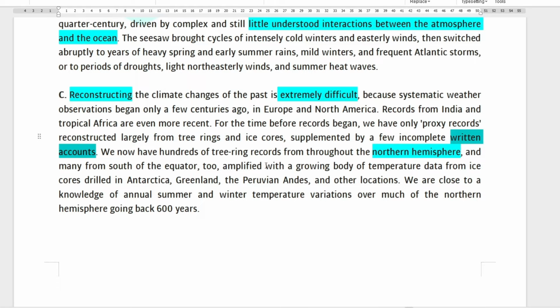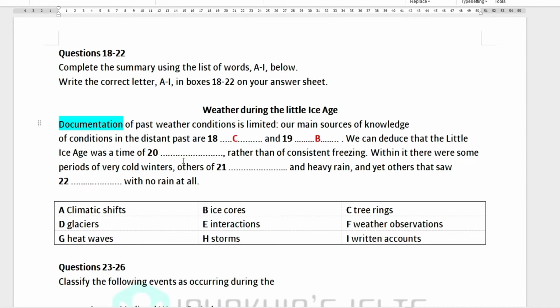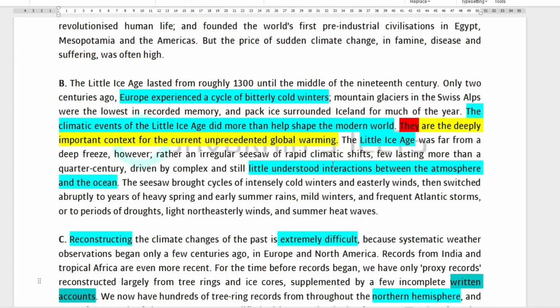Do we have anything that we can deduce that Little Ice Age was a time of something rather than consistent freezing? But it says consistent freezing was somewhere right here. Because deep freeze, we can see that there's a word called deep freeze, and I might want to highlight that in green. So deep freezing. So consistent always means behaving in the same way or having the same thing, maybe opinions, standards, or changes.